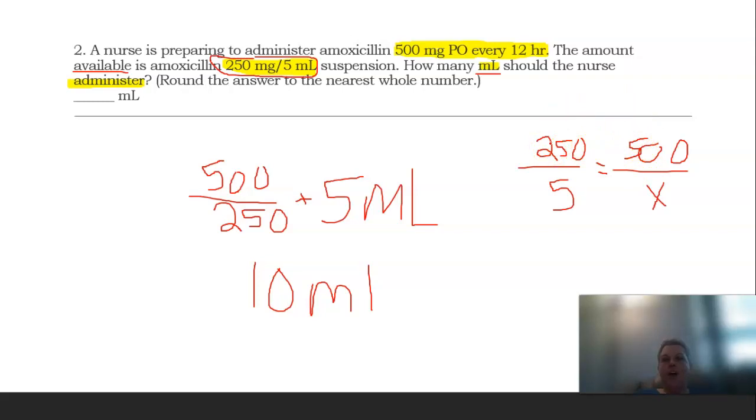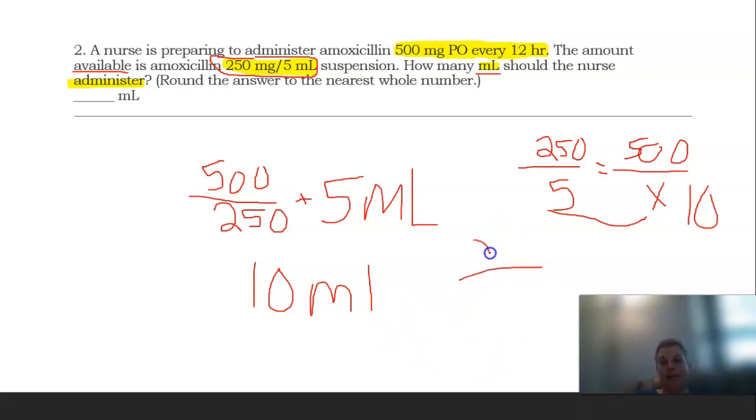So equal proportions, wouldn't I also be able to say 2 of these, 2 of these? If I can say that, then I now realize 5 times 2 is 10. Okay?